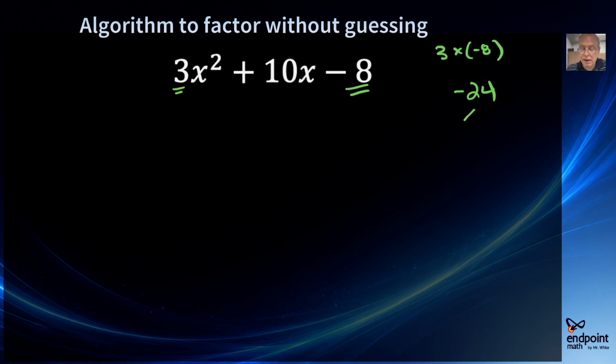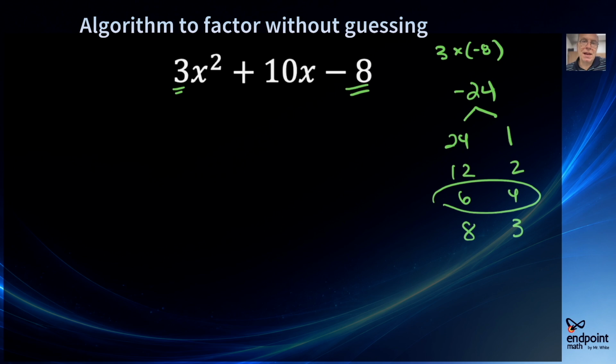Now we split up -24, so that would be 24 and 1, 12 and 2, 6 and 4, 8 and 3. There we go. Now none of those add up to 10. Well, I guess 6 and 4 does, right? That's just kind of an accident because we need them to multiply to be -24. So that means we're going to have to make one of them negative.